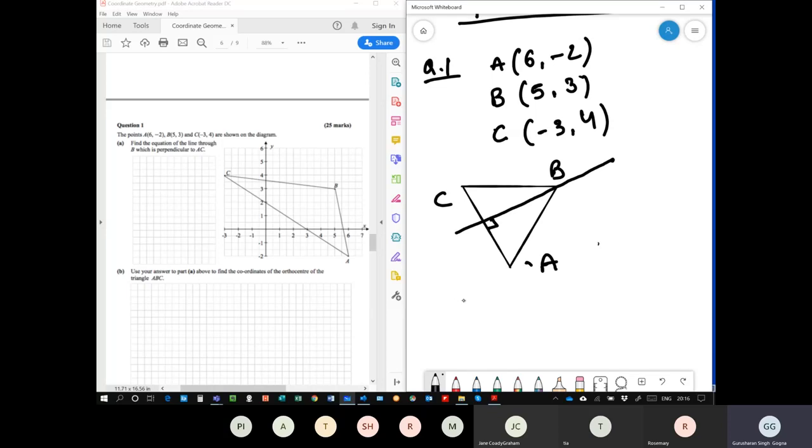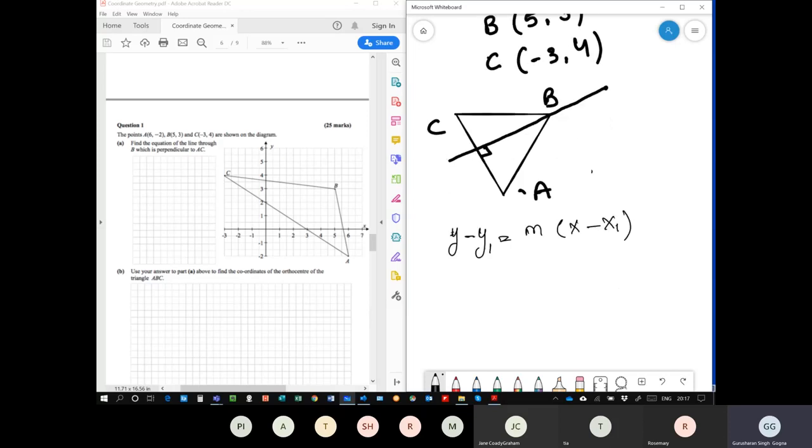Now you want the equation. As I explained earlier, whenever you want an equation, you need to use this formula. And for this formula, what you need is a point and the slope. You already have the point. Which point will you take here? Point B, because the line is passing through point B. So point B means 5 comma 3.